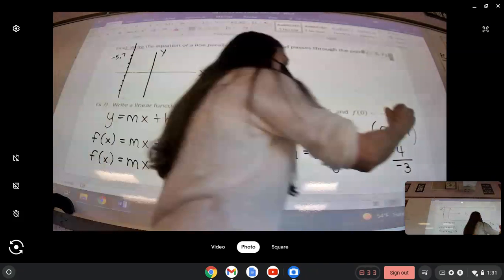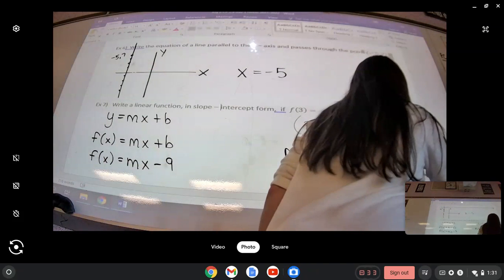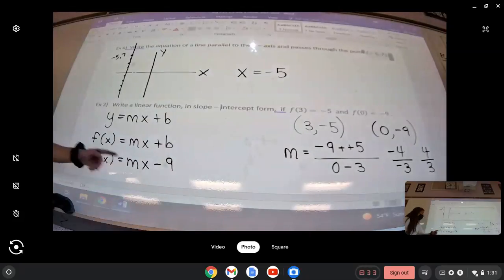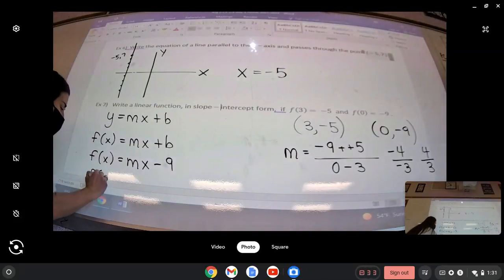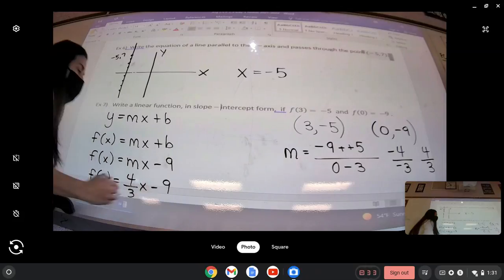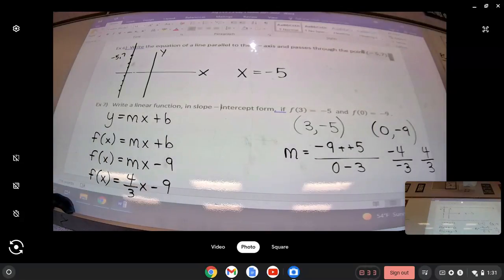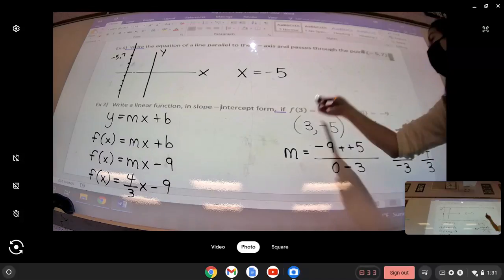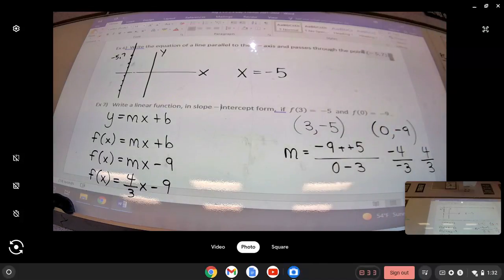And then don't forget to always reduce. And then your slope is 4/3. Pop it in and you're done. Did anybody remember that about function notation? No, this is not good. We spent a week and 2 days on functions alone, and you've already put out the window what that is telling you. Come on, you gotta hold on to the information.